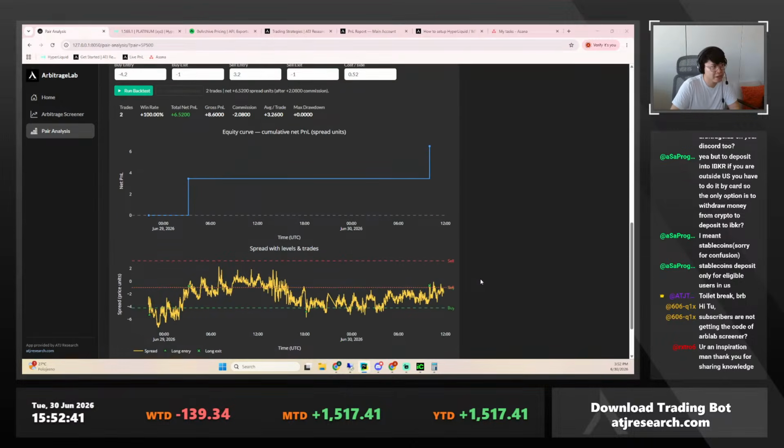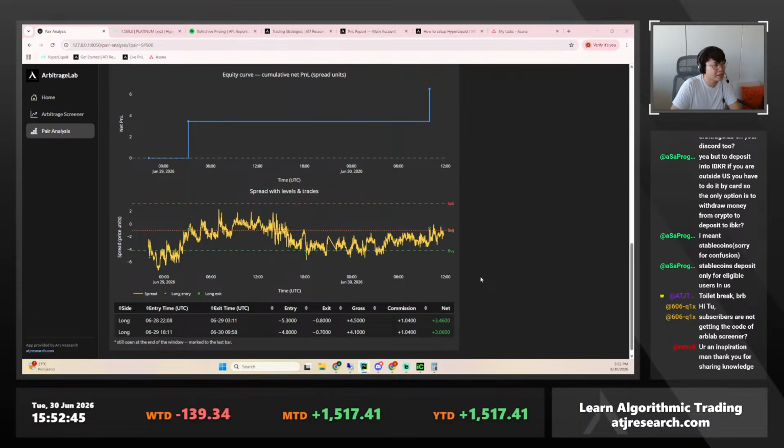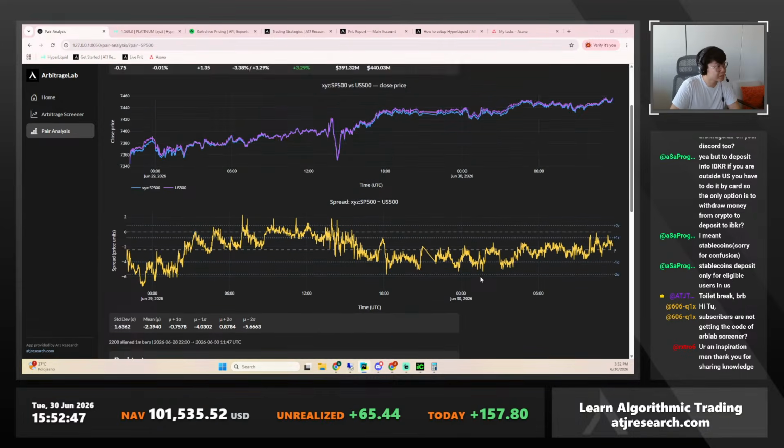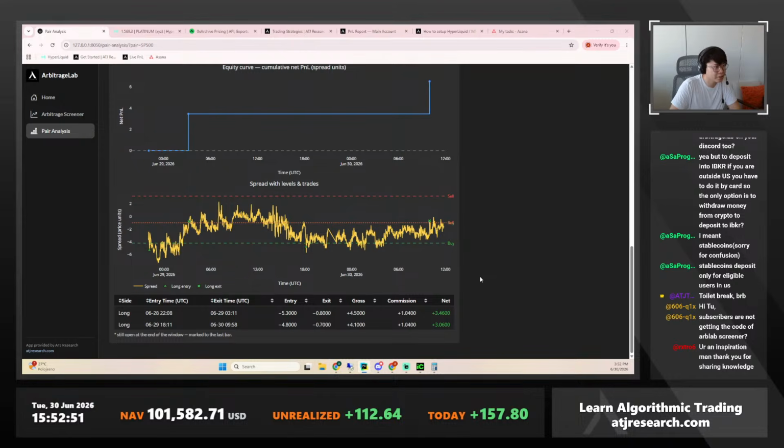So don't overthink backtesting. Treat it just as a tool to confirm that your strategy has potential, and the sooner you get to live trading, I think the better long term.